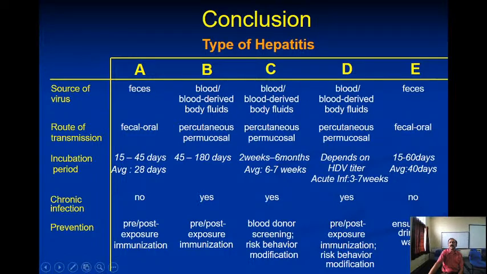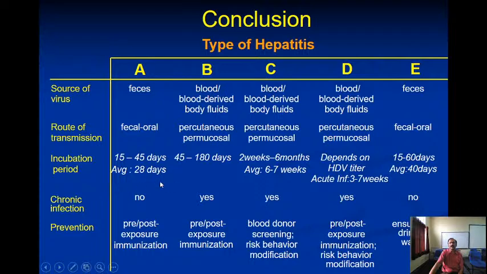Okay, this is a slide which gives you a comparative feature between A, B, C, D and E. Source of infection in A and E is feces, and B, C and D is blood and blood fluids. Route of transmission in A and E is fecal-oral, while these others are percutaneous or mucosal.